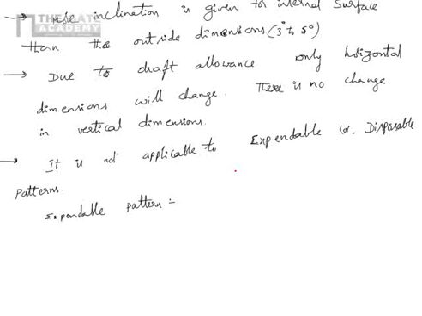Even in the case of polystyrene, as we have discussed in the manufacturing of machine beds, it is the same thing. A machine bed is a very huge surface, so it is very difficult to remove the pattern if you manufacture it with wood or metal. So we use polystyrene.